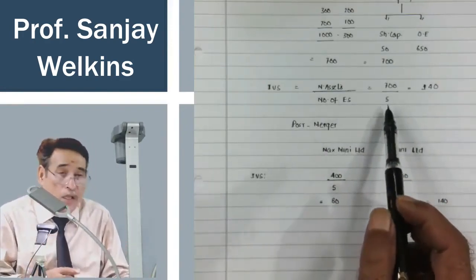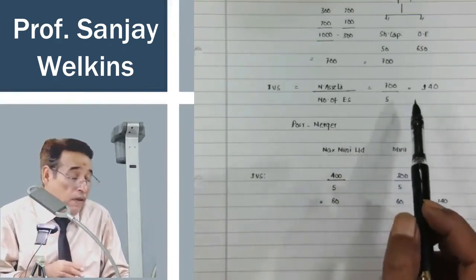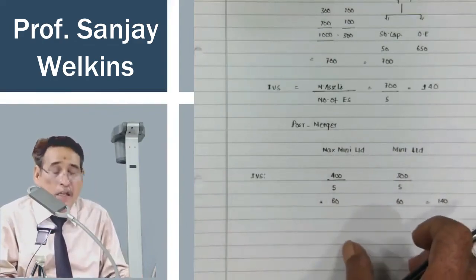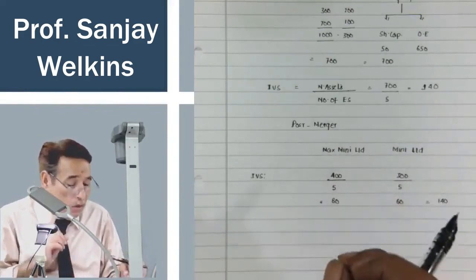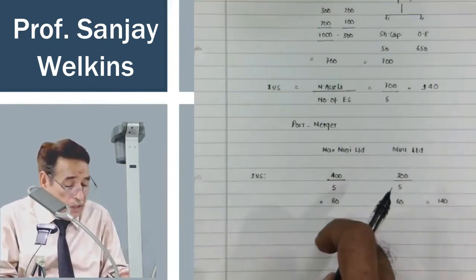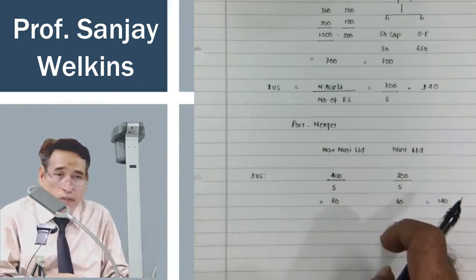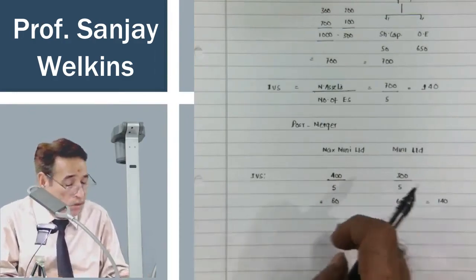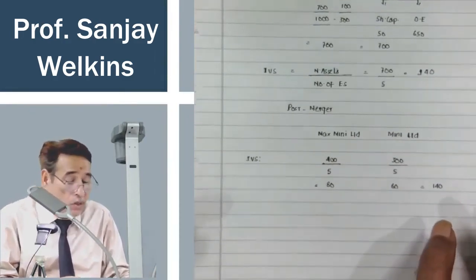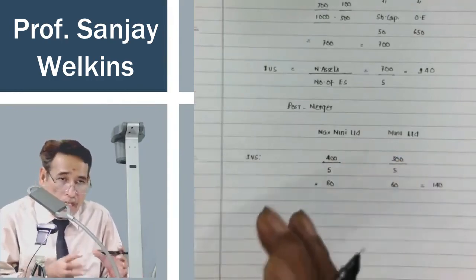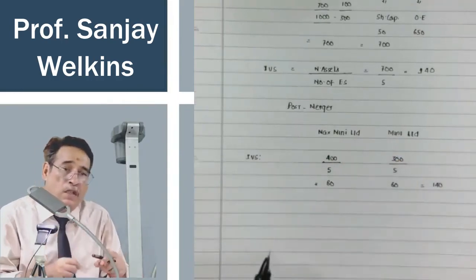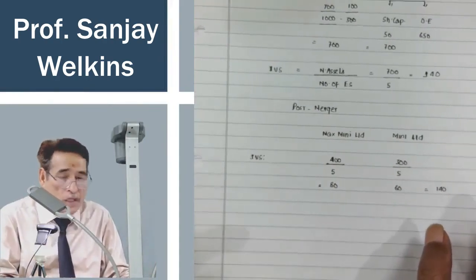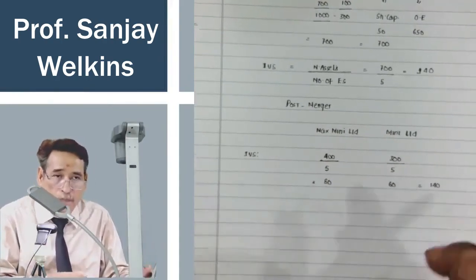That means your one share of 10 was equal to 140 worth of asset. And even here, after this process, your one share in Max Mini Limited is now equal to 80, but because of your investment now in Mini Limited, you are getting extra 60 also. So total again will be 140. So out of this process, as far as impact on shareholders' wealth is concerned, nothing has changed. So shareholders' position is status quo. Is it clear to you?